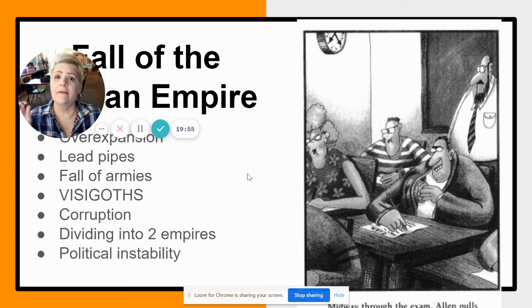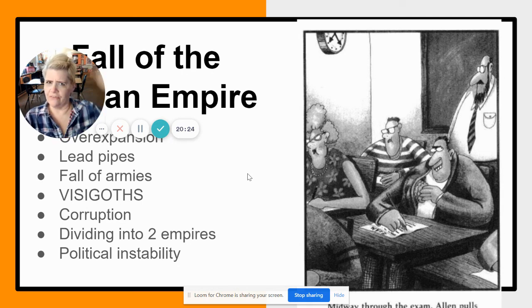Lead pipes. Remember, they were so excited. Yay, we have indoor plumbing. And then they were able to use the plumbing inside their homes, but come to find out, they made their pipes out of lead, which caused illness. It should sound familiar, since we have Flint right near us. The falling of their armies. Their armies were spread out too thin, and they were taking just anybody.